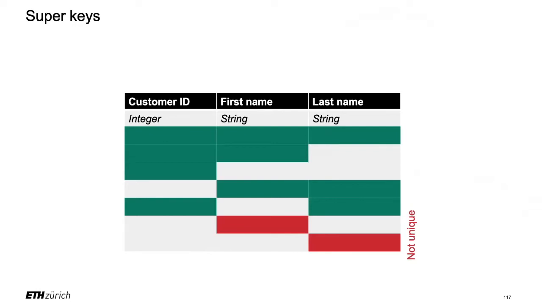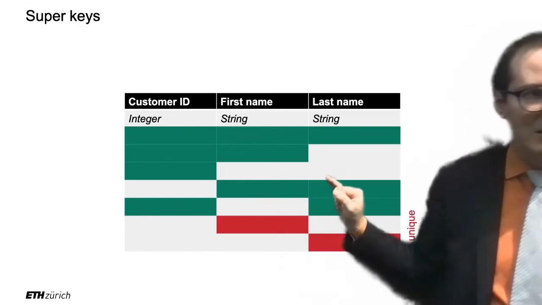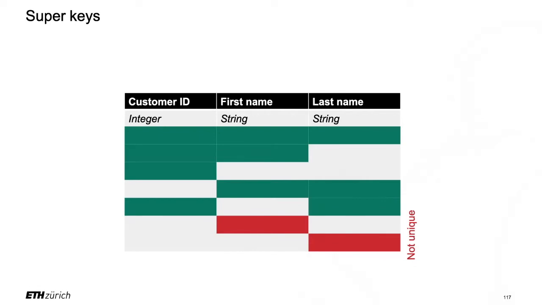Right? It's just because it's an ID. Whenever I call something an ID for identifier, the intent is that it's actually a primary key, right? So customer ID is in particular a super key. Then you can deduce that any superset of that is also a super key, right? Customer ID, first name, last name is also a super key, customer ID, first name, and so on. Now you could argue that if you're small enough, first name and last name together might be a super key, if you're lucky, and you don't have 2 people with the same complete name, right?